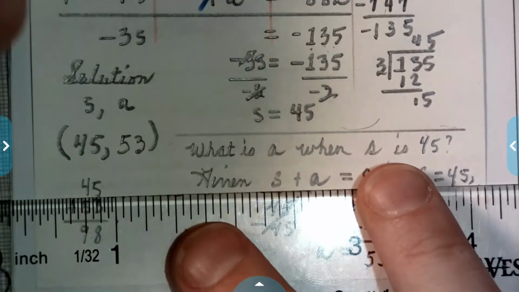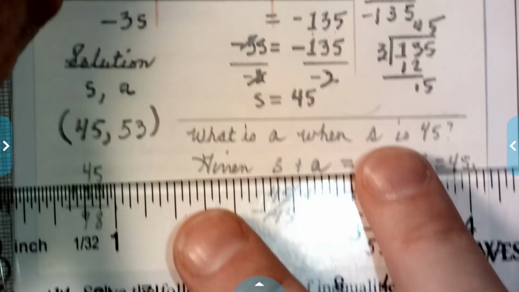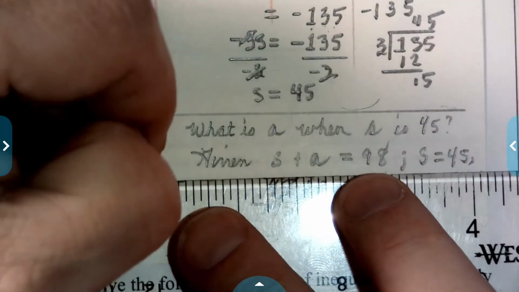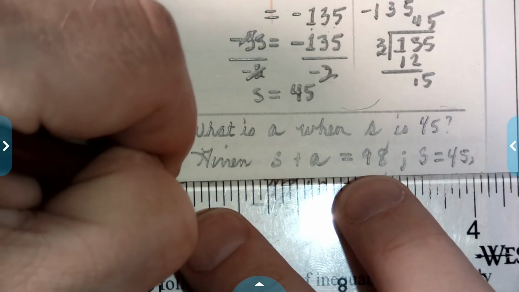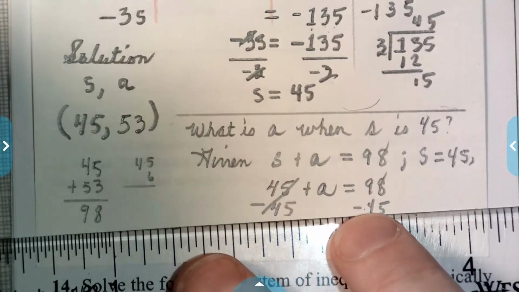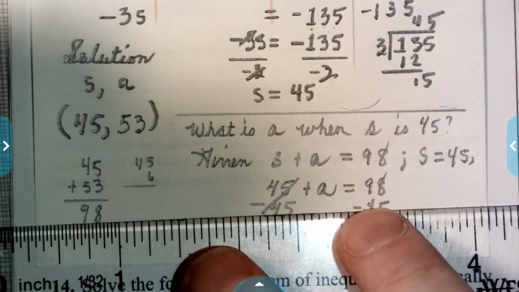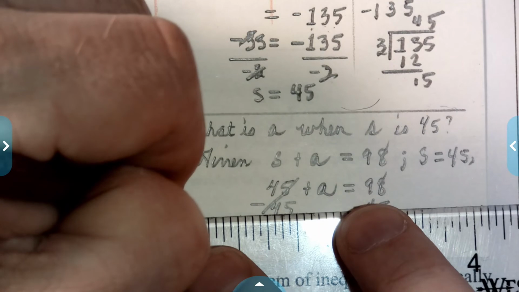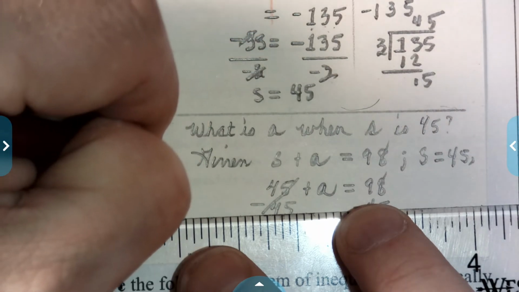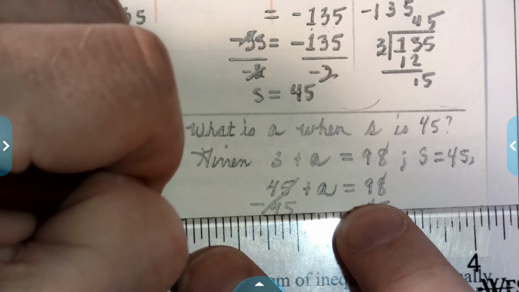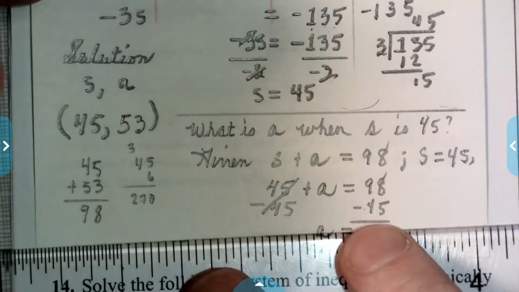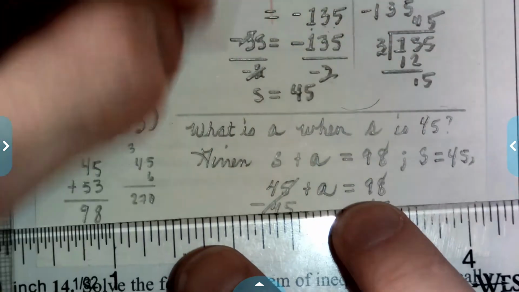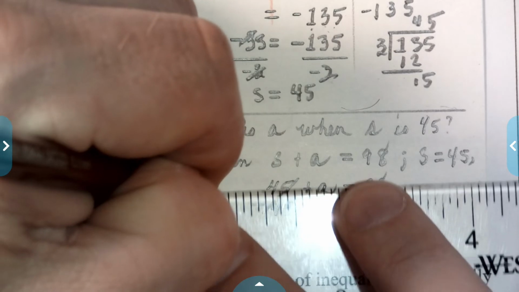So the other thing we could do is check the top equation to make sure that works. So 45 times 6. Okay, so that's going to be 270, right? Plus, and then 53 times 9, I've got no idea. 53 times 9.